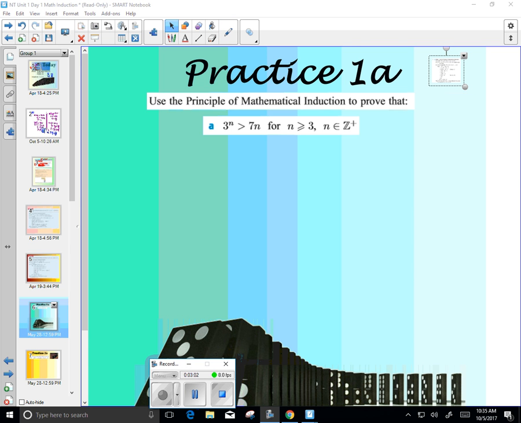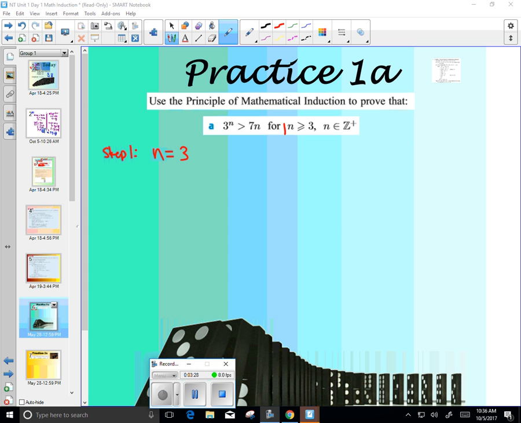Okay. So we're going to use math induction to prove that 3 to the n is greater than 7n for n greater than or equal to 3. For my starting value, I like to call it step 1: n equal to the starting value. What's my first step? n equal to what? Careful. It's not 1, it's 3 this time.